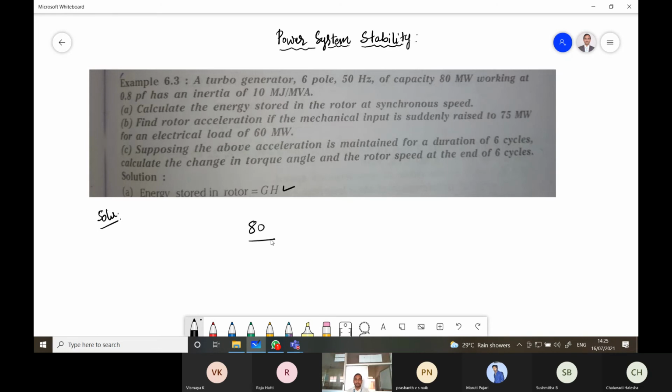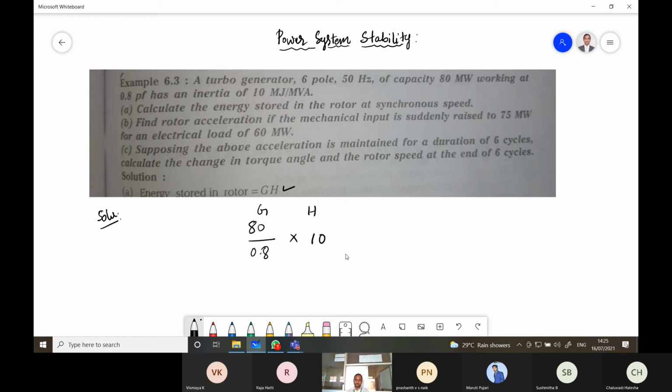Therefore G is 80 divided by power factor 0.8, multiplied by H. H is 10 megajoule per MVA.